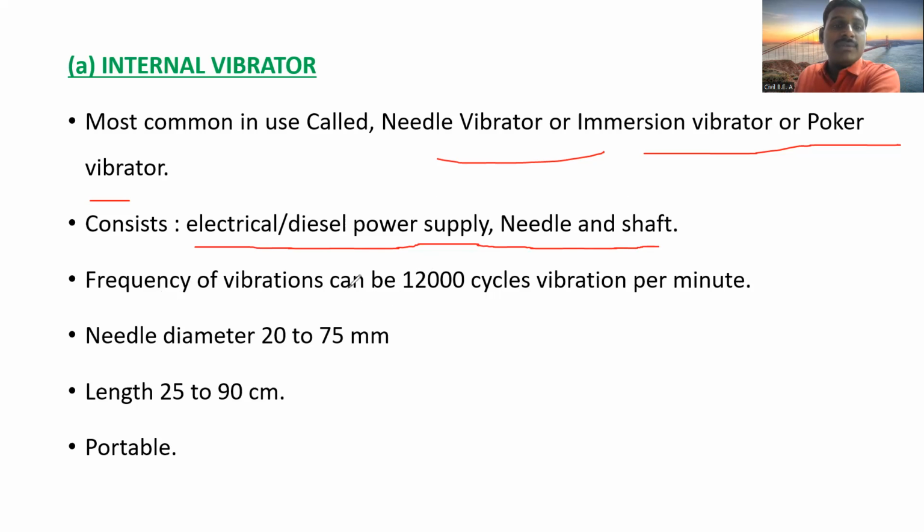The frequency of vibration we use for compaction purposes is 12,000 cycles of vibration per minute.